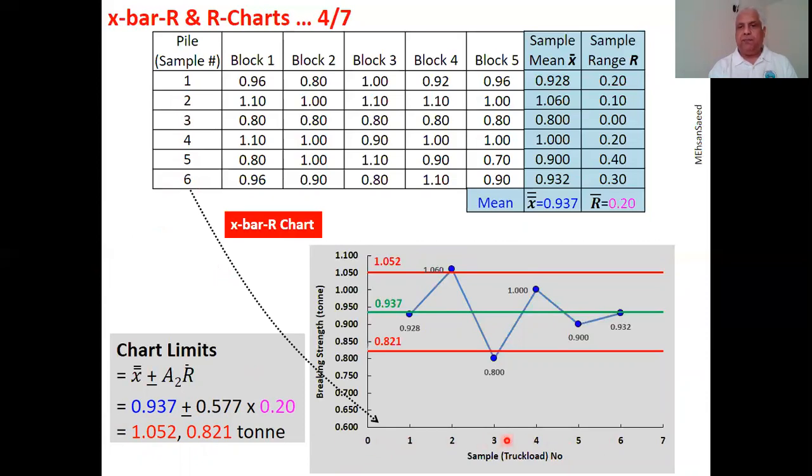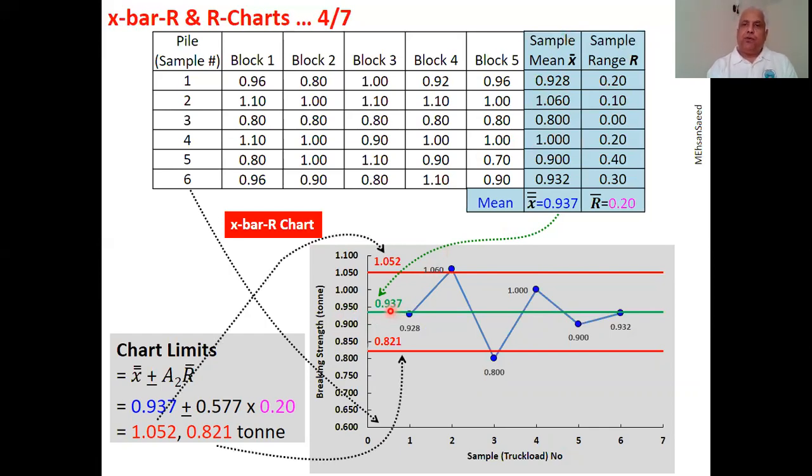So 1, 2, 3, that essentially is sample number 1, sample number 2, all the way to sample number 6, because we have 6 samples in this question. And on the vertical scale, we plot the breaking strength. Which breaking strength? This is the breaking strength. Next, we plot the center line. X double bar is the center line, so it comes here, 9.937.